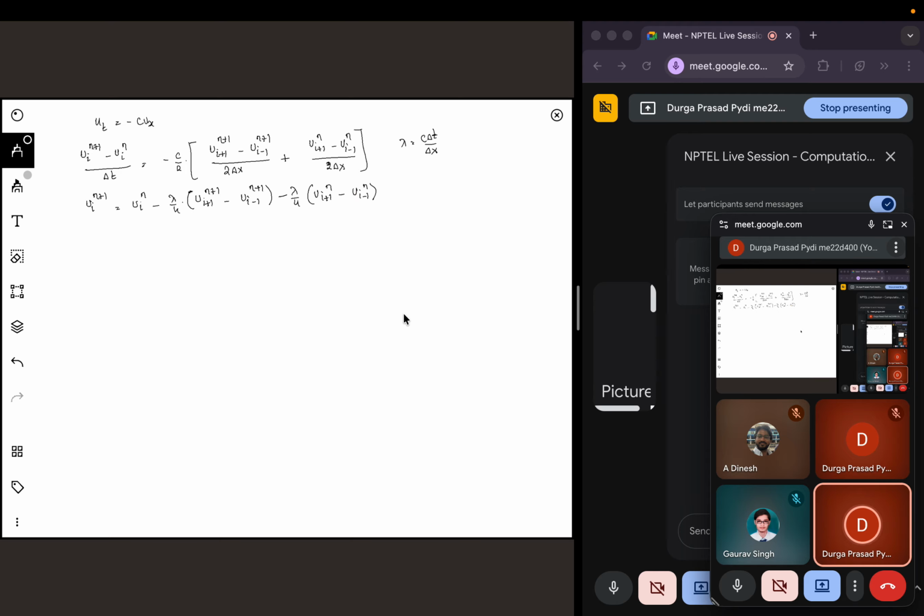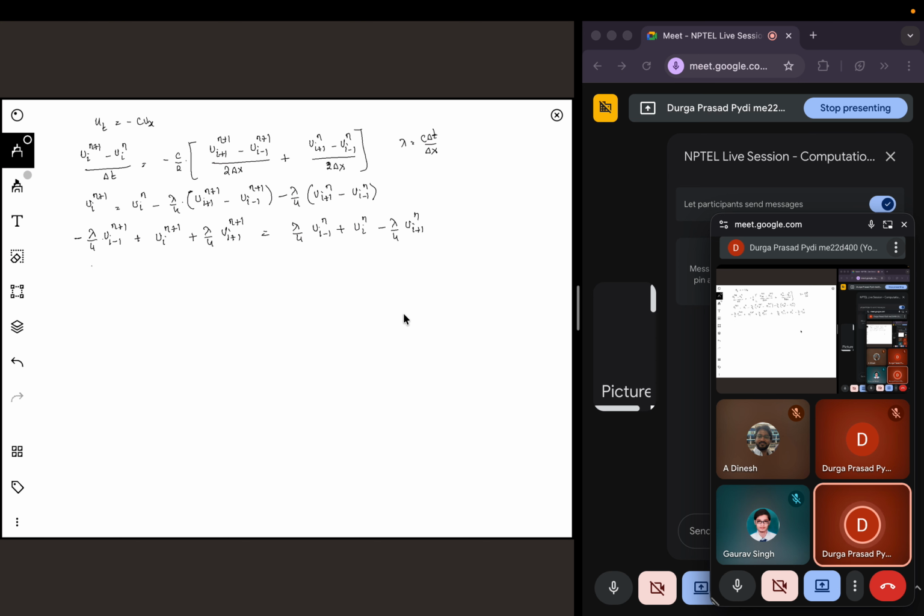Taking terms together, this will be minus lambda by 4 times u_{i-1}^{n+1} plus u_i^{n+1} plus lambda by 4 times u_{i+1}^{n+1}, equals on the other side lambda by 4 times u_{i-1}^n plus u_i^n, and then for i plus 1, minus lambda by 4 u_{i+1}^n. So again, this holds for all i.